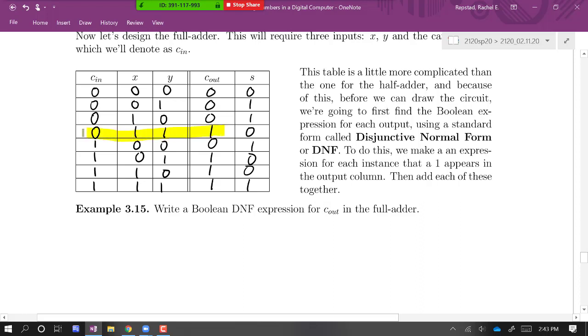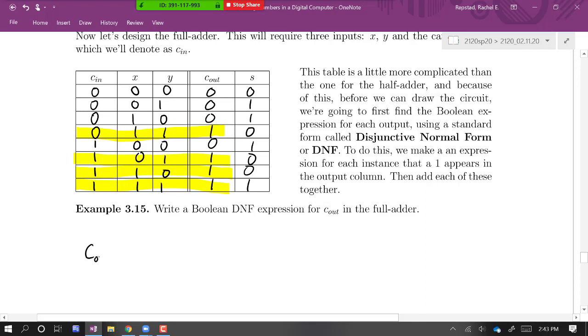So that's this row, this row, this row, and this row. I'm going to erase these marks when we begin focusing on the sum output, but this will be helpful for now. And we're going to start with an expression that's not really simplified at all. We're going to use what we call disjunctive normal form. It gives you an expression that looks kind of ugly, but the form itself is easy to get, so it gets us something to start with.